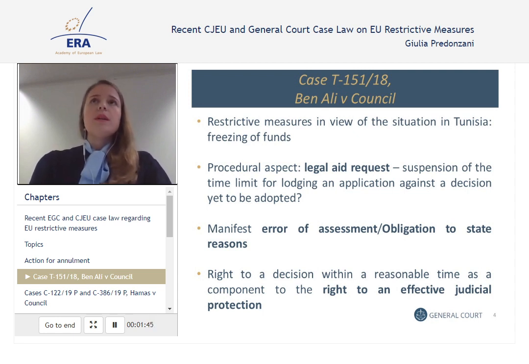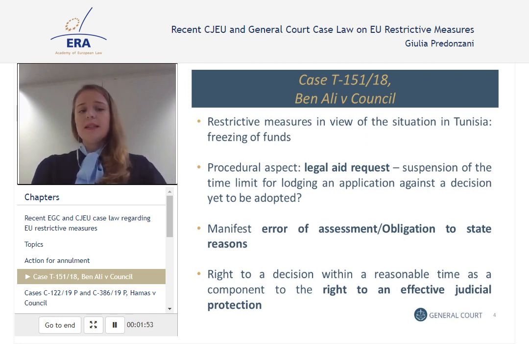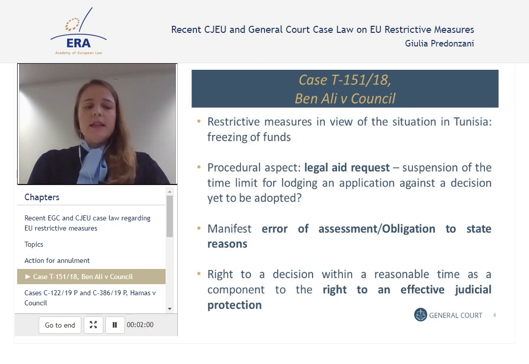And as you know, an application for legal aid has the effect, among other effects, to suspend the time limits for lodging the application. What happened in this case is that while the proceedings concerning the legal aid had not yet ended, a new decision was adopted by the Council, which was decision 2019-135.